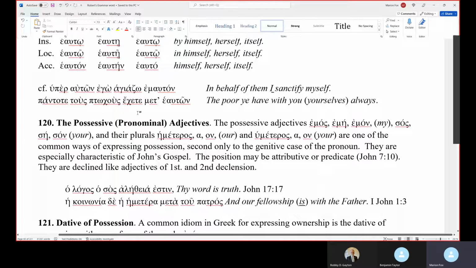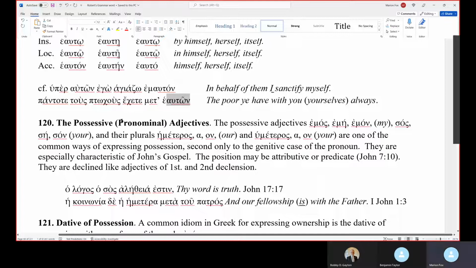Meth' is abbreviated. This is like an apostrophe. Heautōn. So you get autōn and a rough breathing. Always, at all times, the poor, and you're almost spitting when you say the word, we have with us, ourselves, with yourselves, actually.